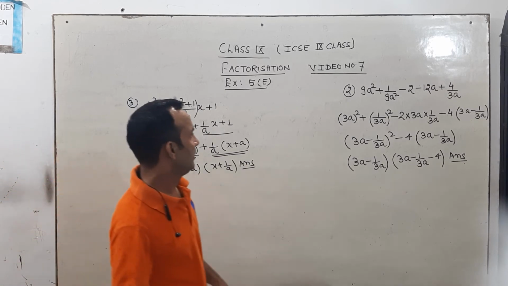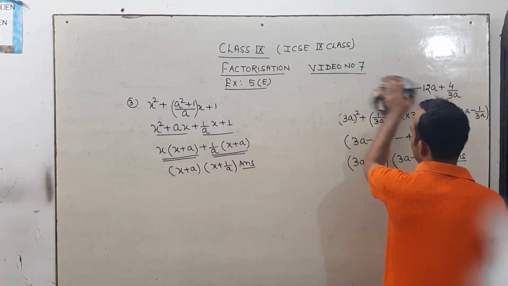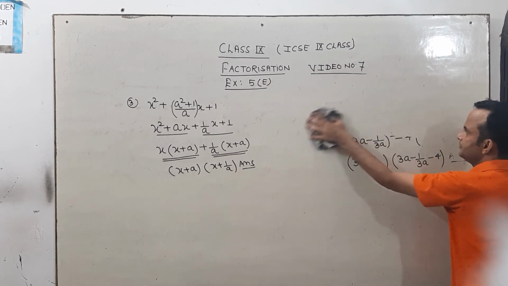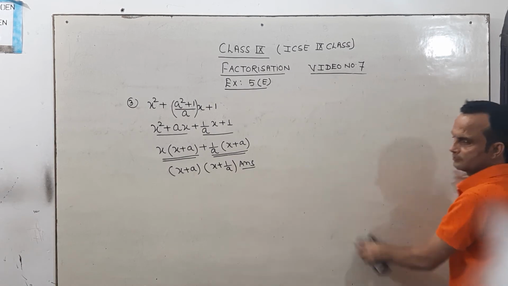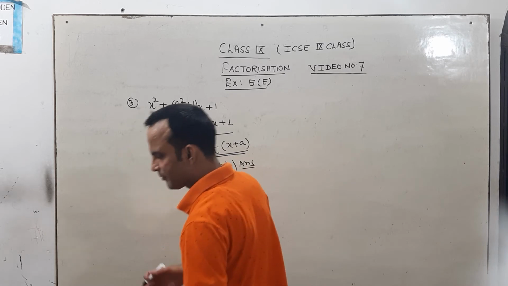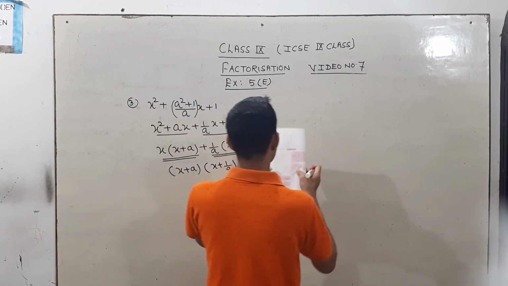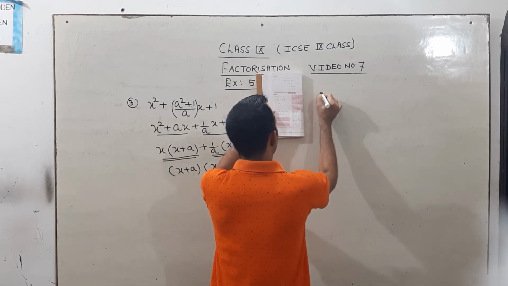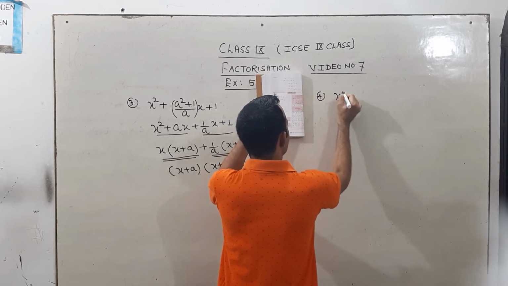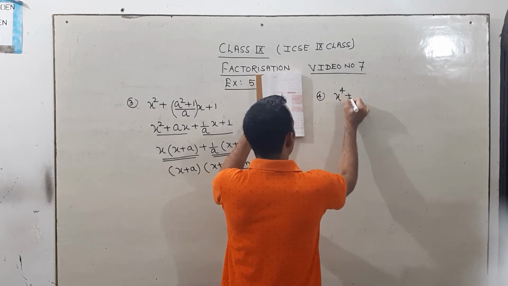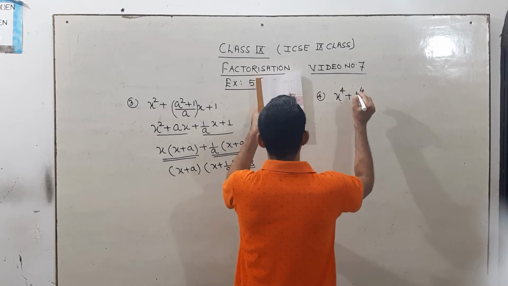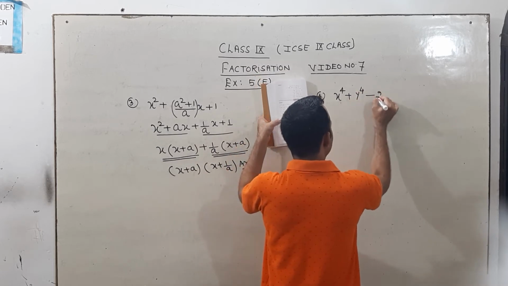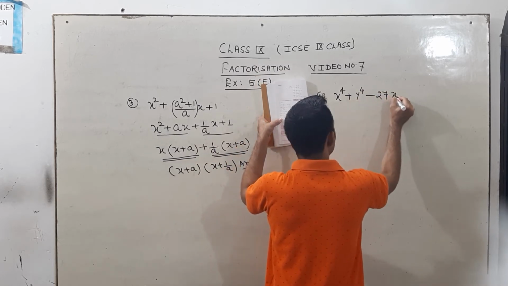See the next problem now, problem number 4. X raised to the power 4 plus y raised to the power 4 minus 27 times of x square y square.